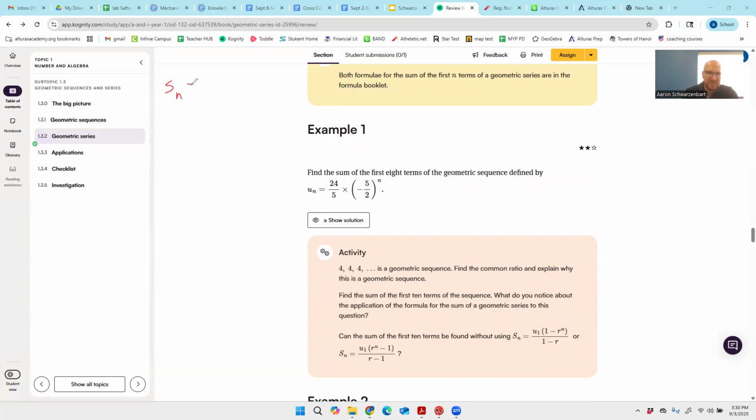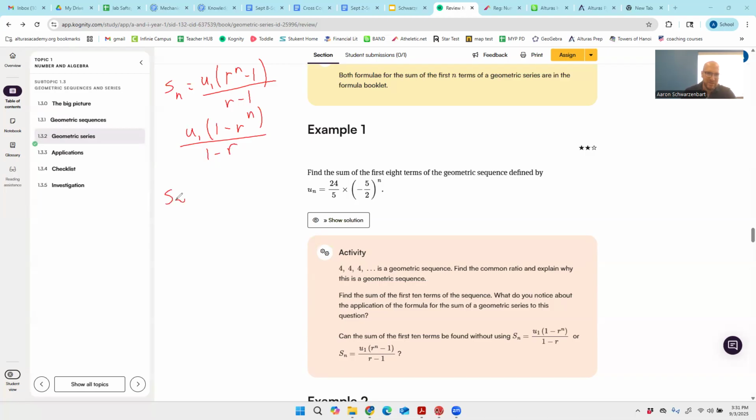For geometric, the sum is the first term times r to the n minus 1 over r minus 1. If you look in the formula packet I gave you, I believe I have that reversed. It's just an extra negative on top and bottom, which cancels out, so it does not matter which way you use it.